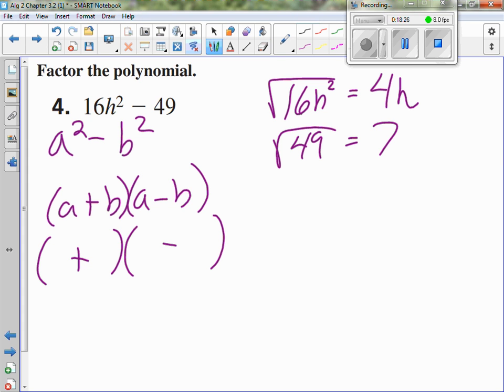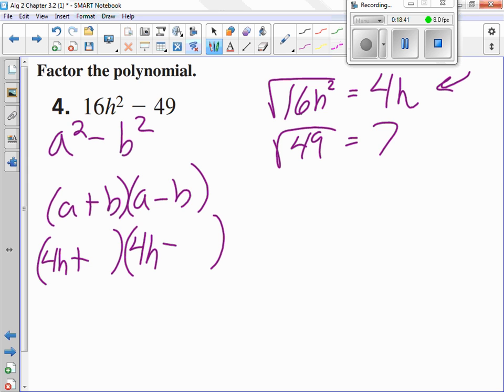Now, a squared was our 16h squared, yes? I haven't really been stating that, but that's what it is. And when we square root it, we find the value of a is 4h. So where a is, we can plug in 4h and 4h. Well, b squared was our 49, so the value of b was 7, and we plug it in.